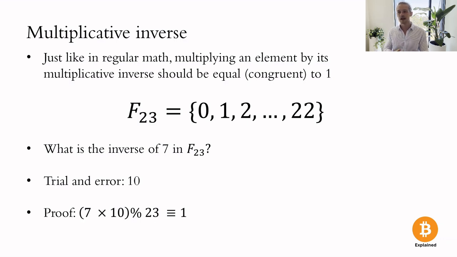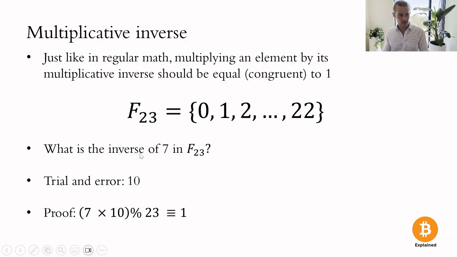So basically, if you have 6 in normal math and you multiply by the multiplicative inverse, which in normal math is just the reciprocal, which is 1 over that number, then you multiply 6 times 1 over 6 and you get 1. Now, in finite fields, once again, the logic behind this is really the same. So the multiplicative inverse should be the number that when you multiply it with the element that it's the inverse of results in 1. But here it's not as straightforward as in normal math because we can't use fractions.